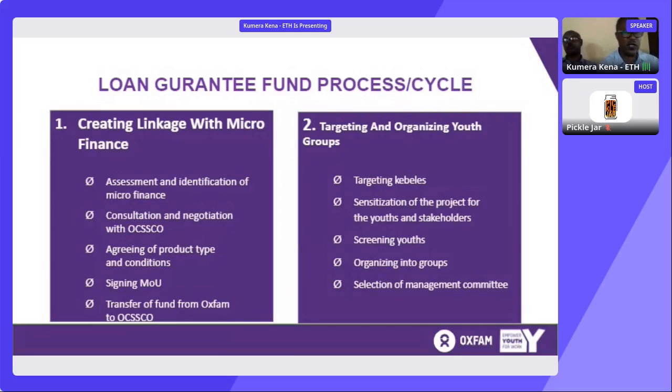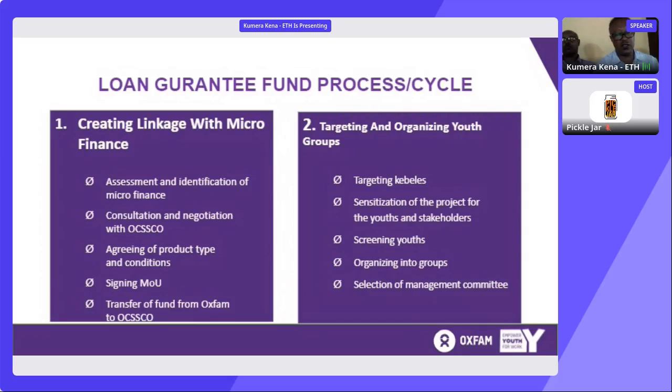The second one is consultation and negotiation with microfinance institutions. The third one is agreeing on the product type and the conditions of the loan guarantee fund management. The next activity is signing a memorandum of understanding on what has been reached on the implementation of the loan guarantee fund. The next is transferring the fund directly from Oxfam to the microfinance institutions.